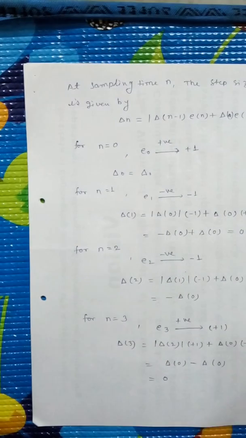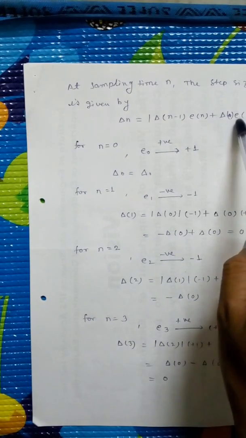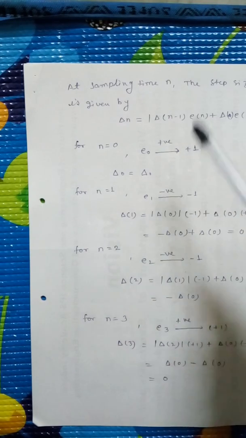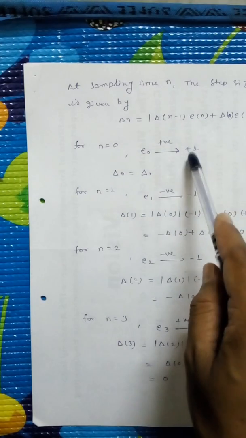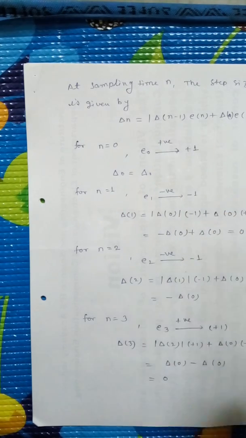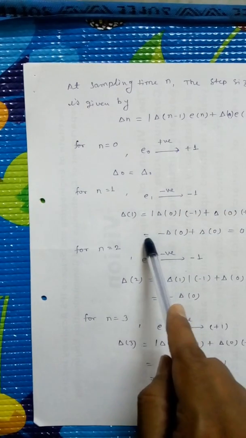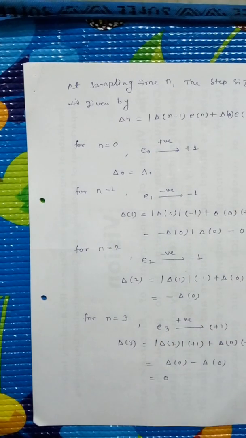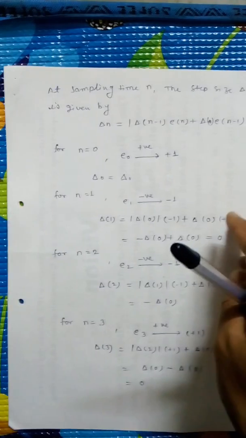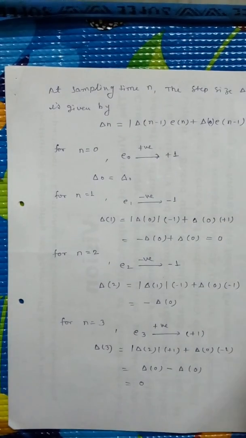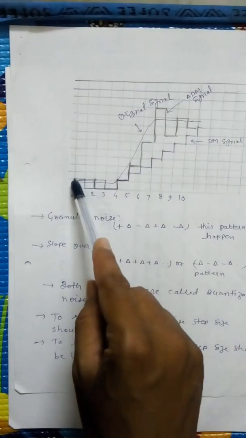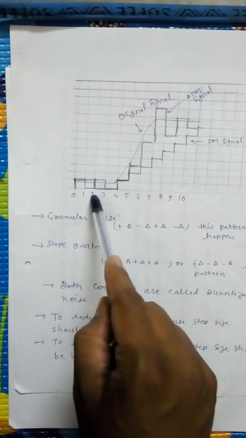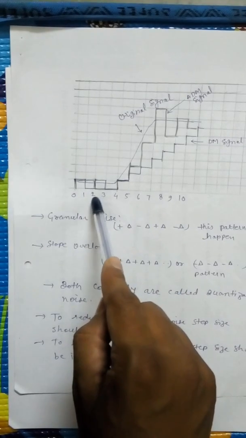And en minus 1 is our previous error, which we have already calculated as plus 1, so we put plus 1. Then delta 1 becomes 0. It means there is no change in step size, and we remain on the same step size and go up to n equal to 2 sampling instant.